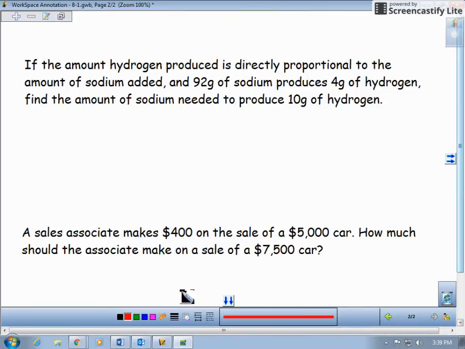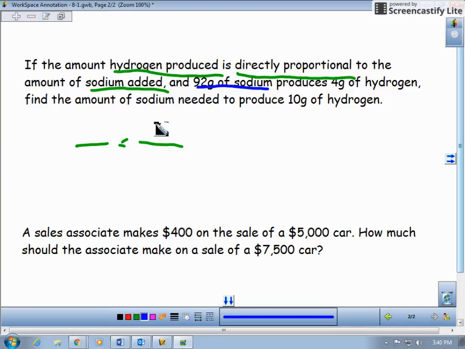Okay, let's look at a couple story problems here. This says the amount of hydrogen produced is directly proportional to the amount of sodium added. So I'm looking at the hydrogen produced and the sodium added to be proportional. The first one they tell me here, and I'm just going to do this in a proportion, is I have 92 grams of sodium, so I'll put 92 up here, produces 4 grams of hydrogen.